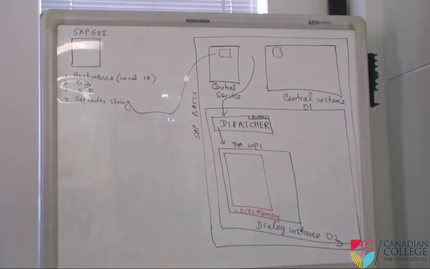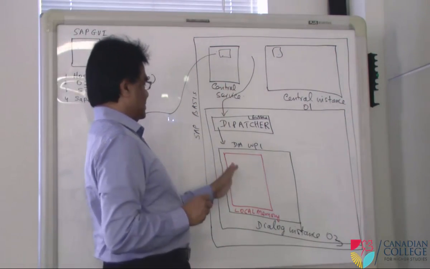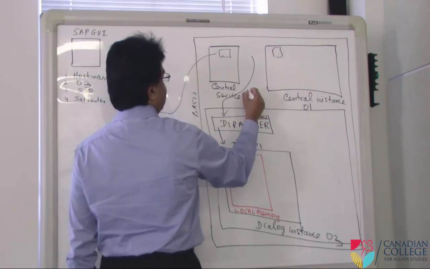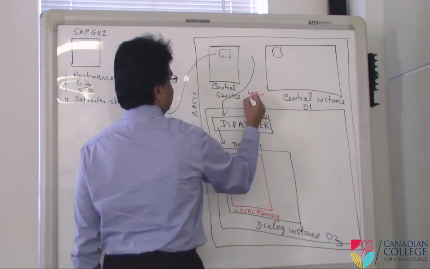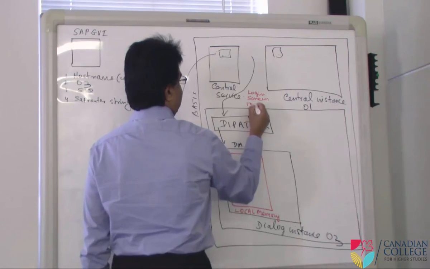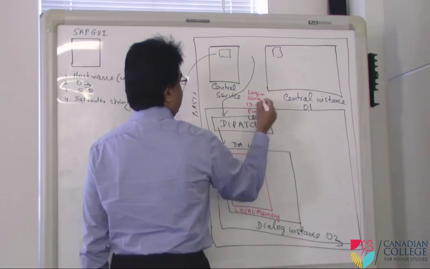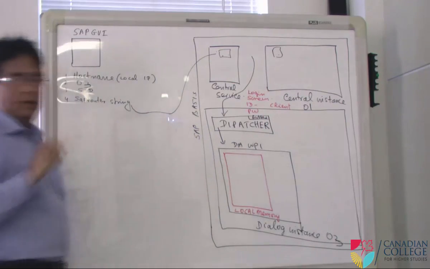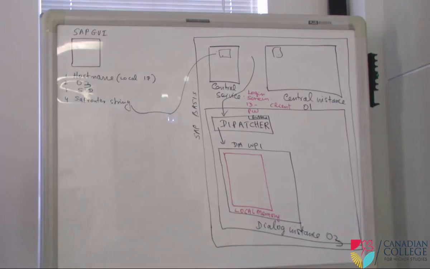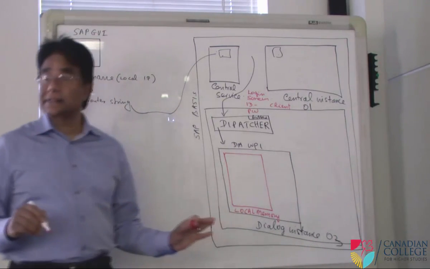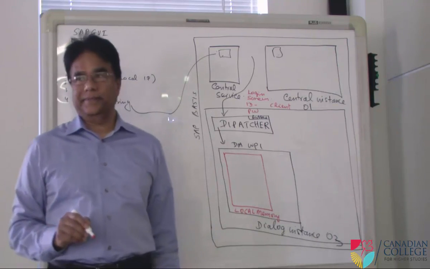Okay. So now when my request goes there, this guy is logging in, and we have a login screen here. So he gave his information. What information does he have to give? First he has to give the login ID and the password, and also he has to give the client. Yes. Okay, so when he gave all the information, and the language if he wants, then it will authenticate him, provided his information is correct.